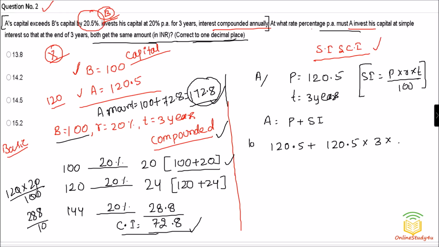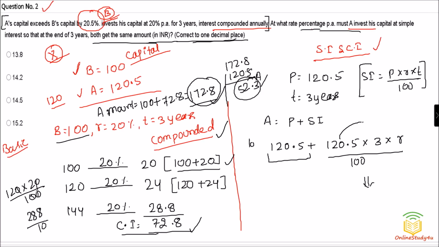Here the rate is what we have to calculate, right? At what rate, divided by 100. So friends, here you have 120.5, and from this part what we have to get? 172.8 minus 120.5. So from this part we need to get 52.3.